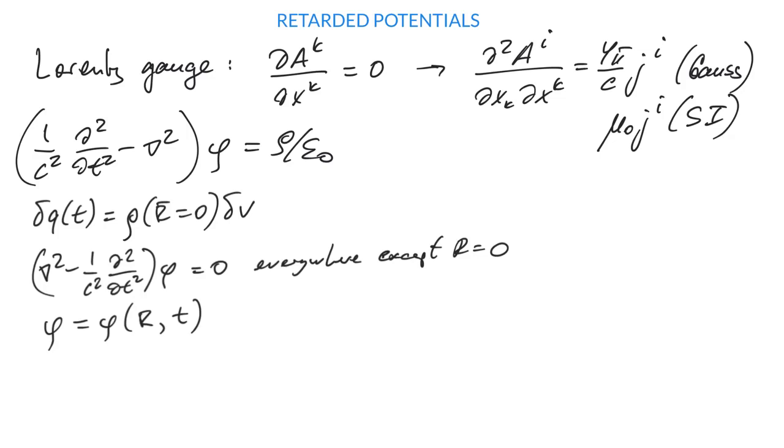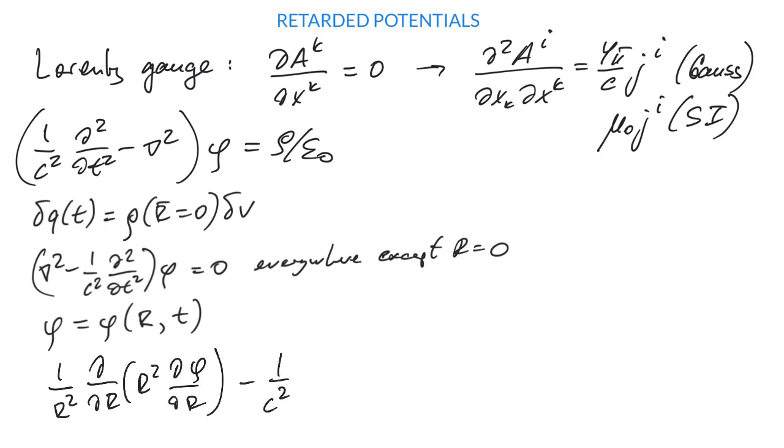Thus, in the Laplacian operator, only the radial part survives, and we're going to have an ordinary differential equation for the scalar potential. So I write the expression for the del squared operator, and I drop the parts that differentiate with respect to the angles. So this is satisfied everywhere except r equals 0.